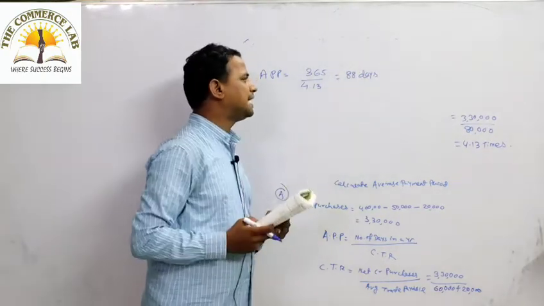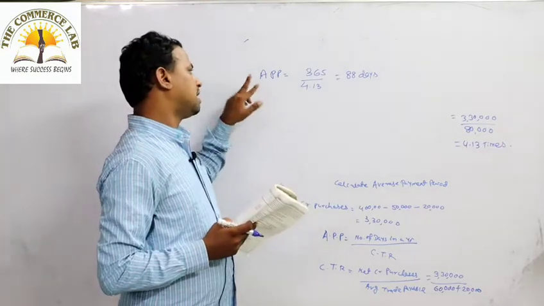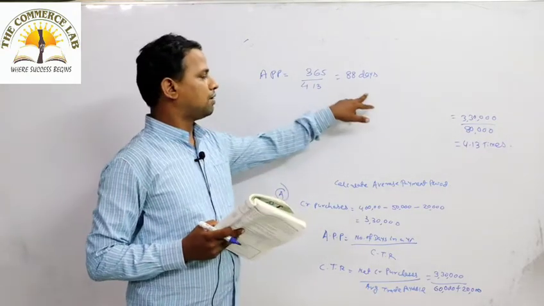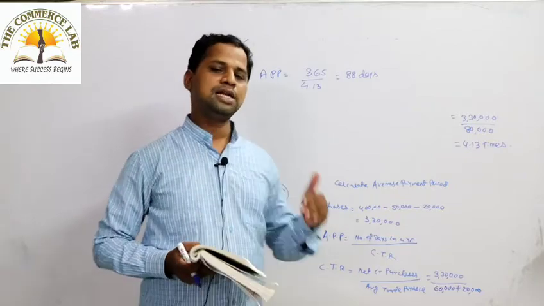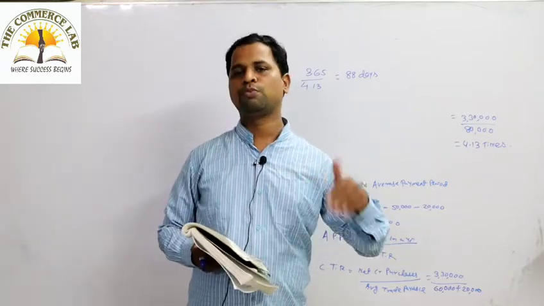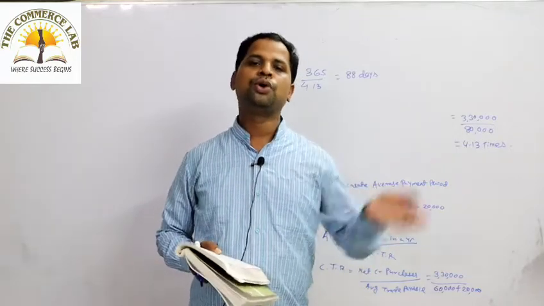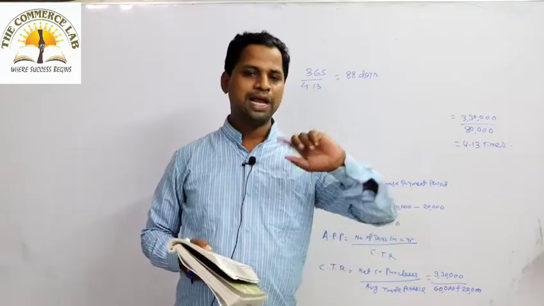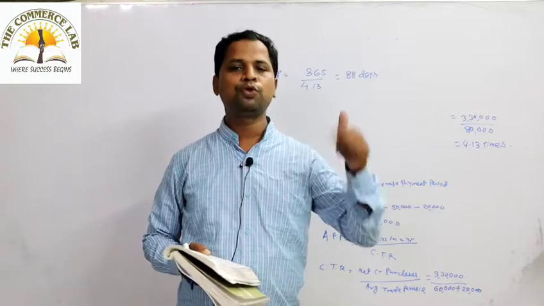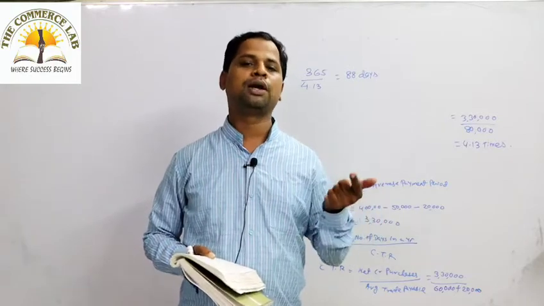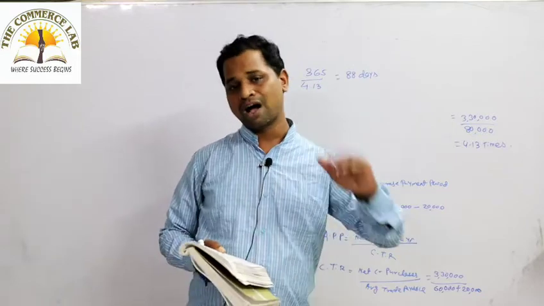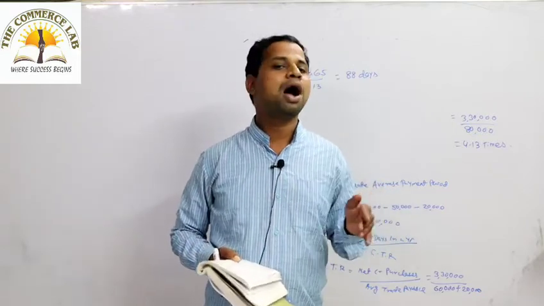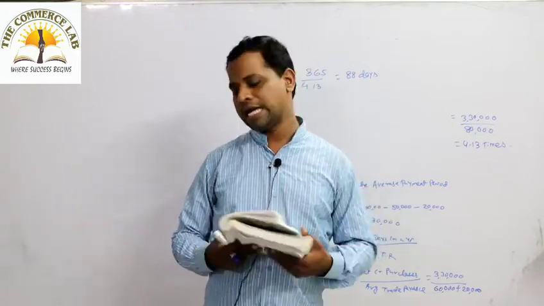What do you understand by 88 days? The average payment period is always mentioned in days. How to interpret it? That means for every 88 days you have to make payment to your creditors. The gap between one payment and the next is 88 days.